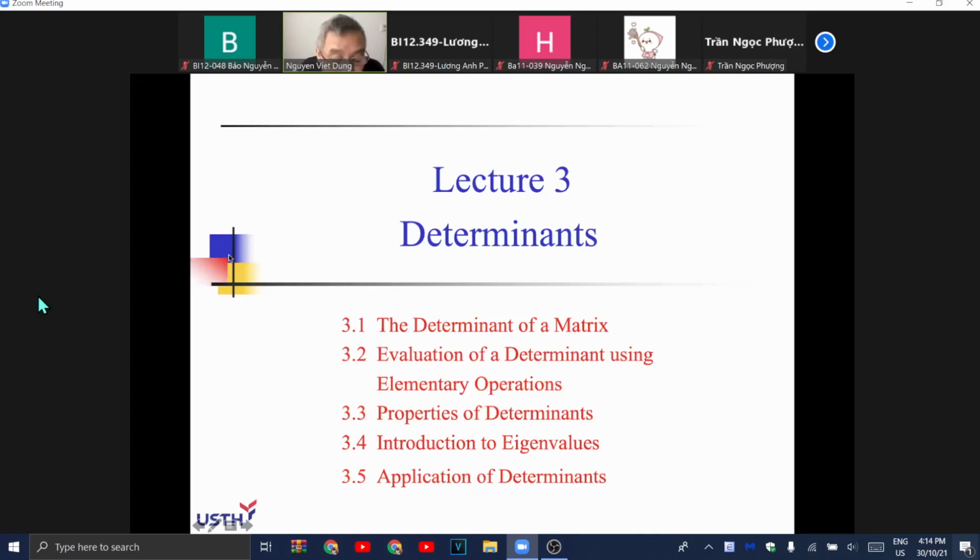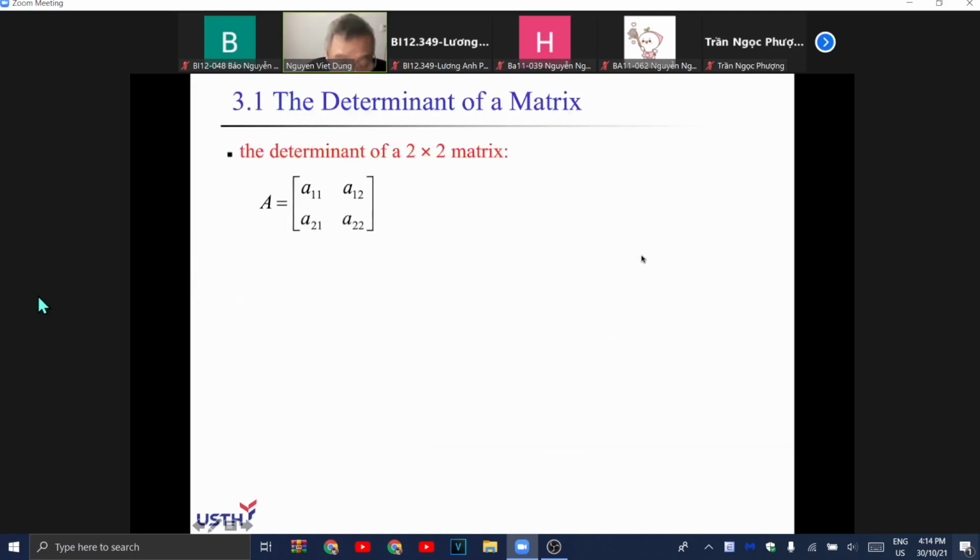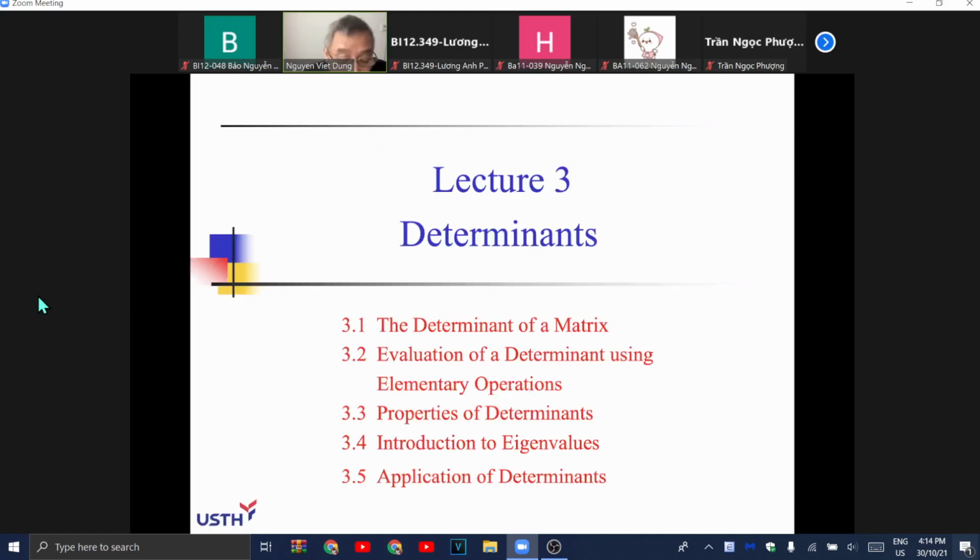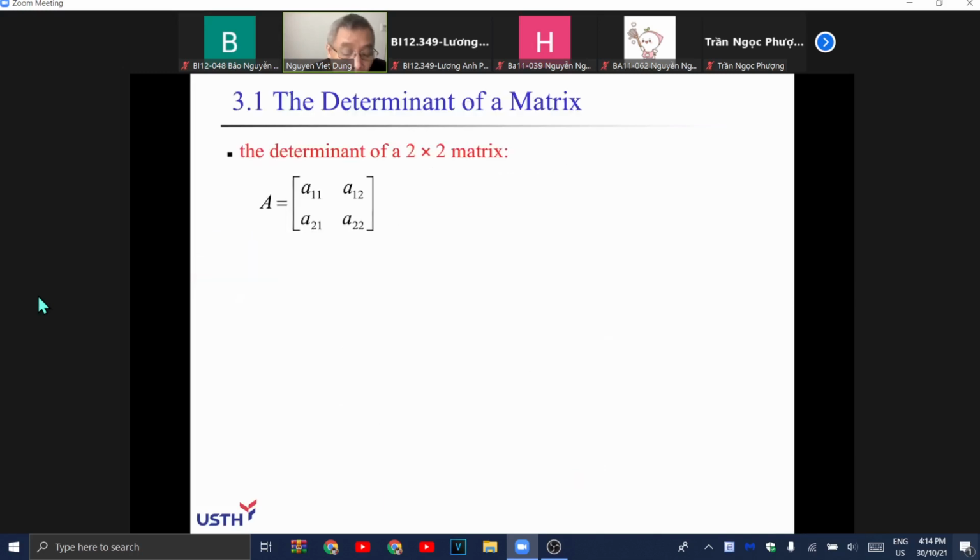Whenever we talk about the determinant, we always talk about square matrices. So in this lecture, we always assume that a matrix is a square matrix, except when I specify some other size. Even though the notion of a determinant is a new one, it is just a number.